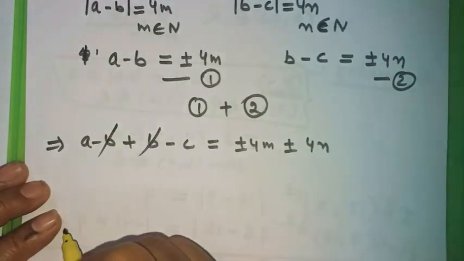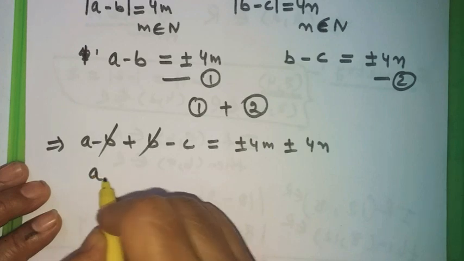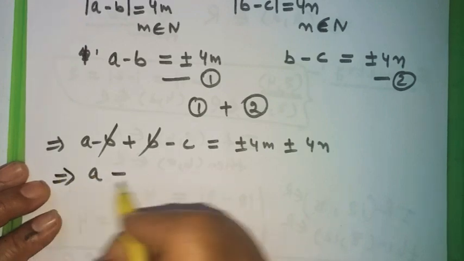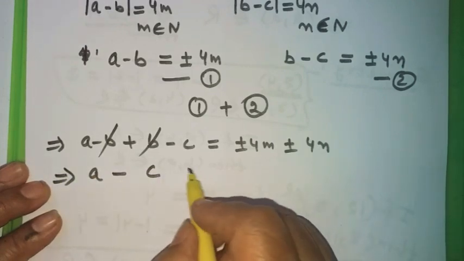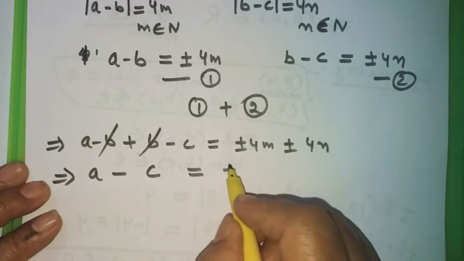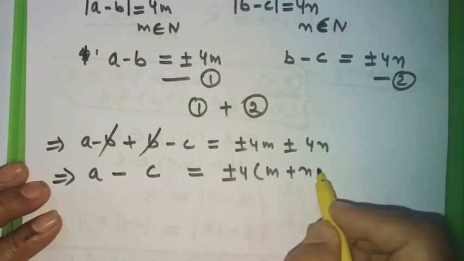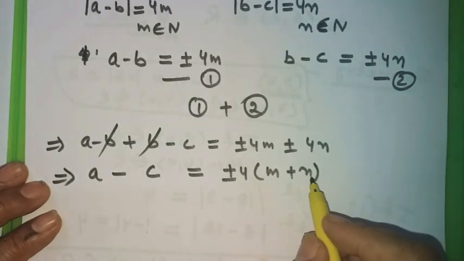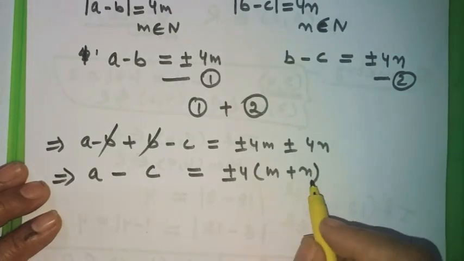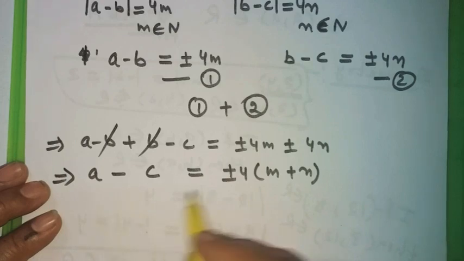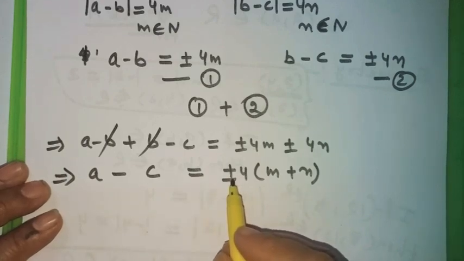Here I can see A, B gets cancelled. So I get A minus C is equal to, and from right hand side I can take plus minus 4 common, m plus n. If m and n are natural numbers, their sum will also be a natural number. Now here you have got plus minus sign.